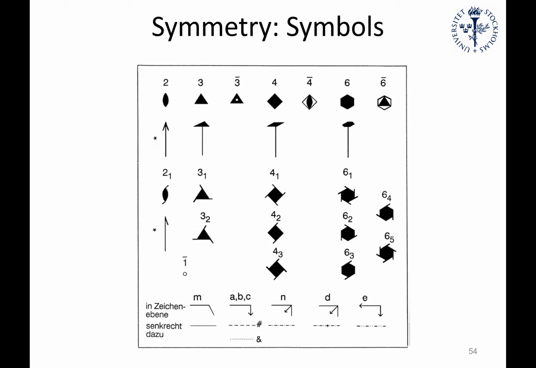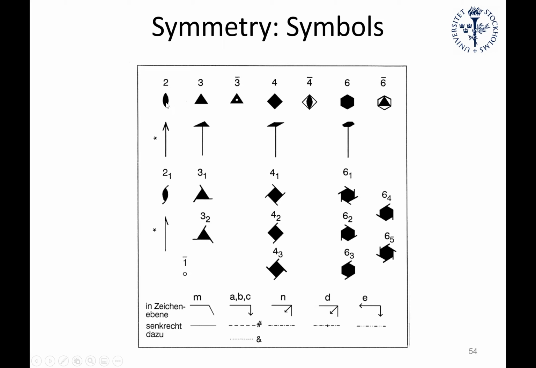Perhaps if you're new to crystallography, these symbols might look foreign to you, but I hope by the end of the course, you'll be able to recognize them. These symbols represent the symmetry operations that we have now gone through. For example, a twofold rotation axis is symbolized by this oval shaped symbol.